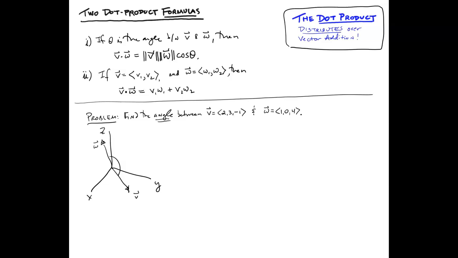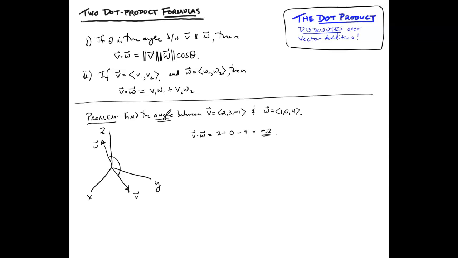Anyway, we can do this quite easily with our two formulas. On the one hand, we know that v dot w is 2 times 1, which is 2, plus 3 times 0, which is 0, plus -1 times 4, which is -4, which when we put all that together, we get -2. Actually, the fact that the dot product is negative tells us this will indeed be an obtuse angle.